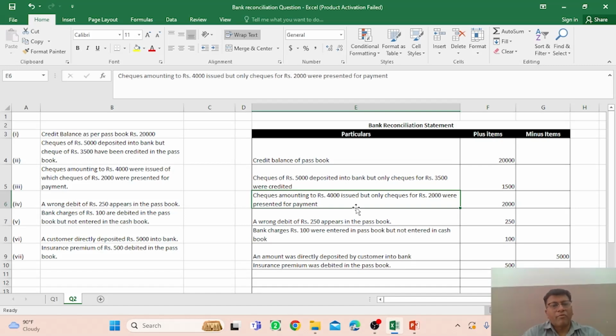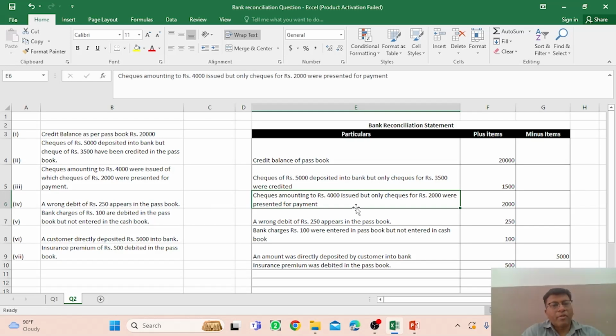And checks of rupees 5,000 deposit into bank. Yes, you have to keep in your mind that the opposite book is passbook. So in this case, because the passbook balance is given to you, we have to observe this transaction and have the particular sense of where the impact is, right? What is the impact on your cash book because of the opposite book?